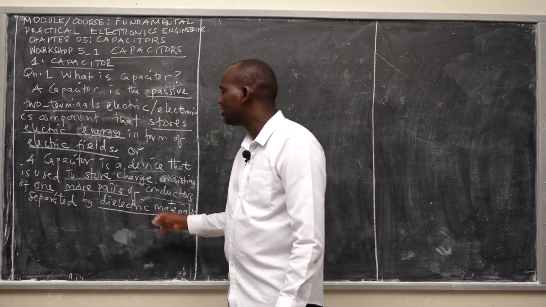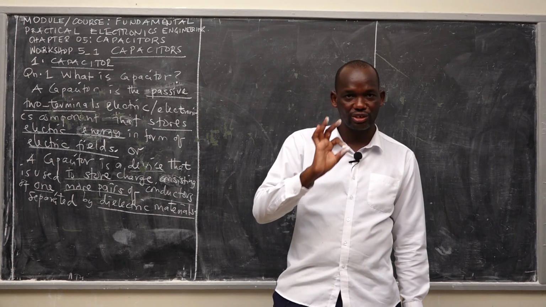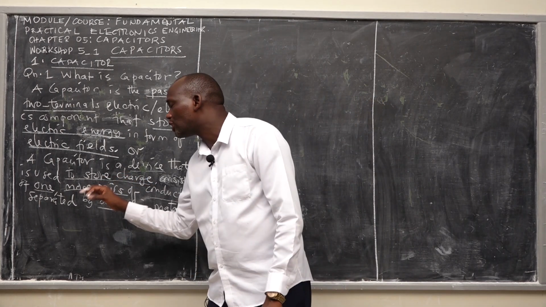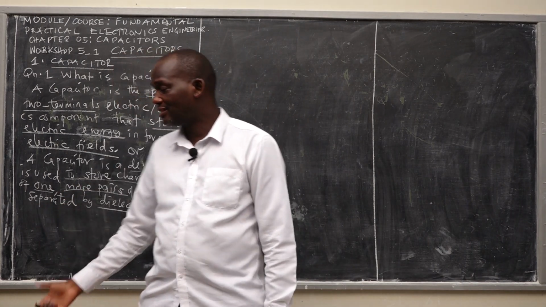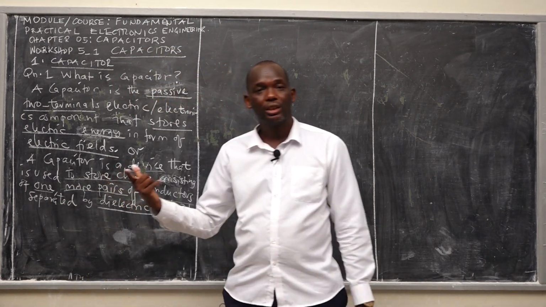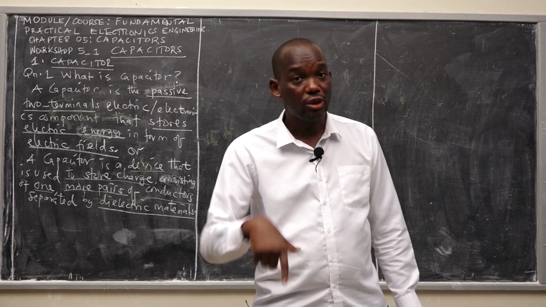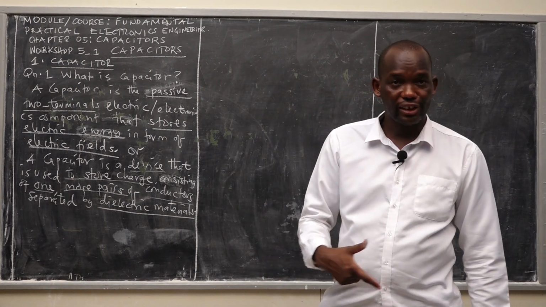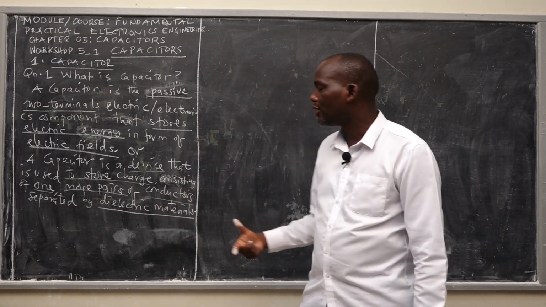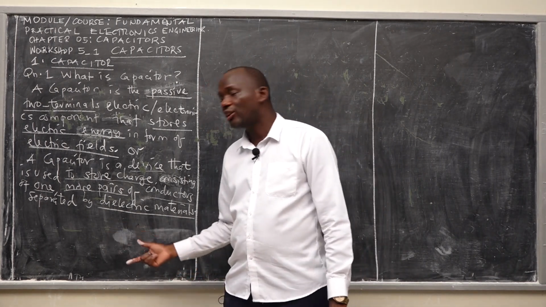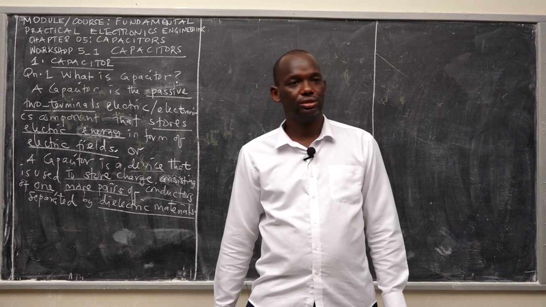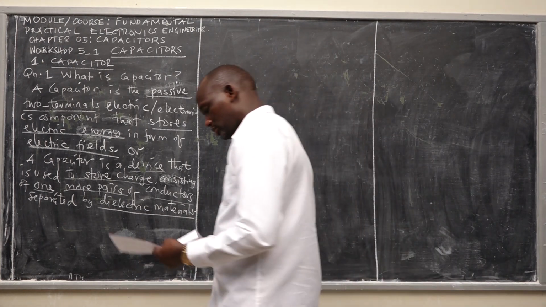With this definition, it's explaining the primary function of the capacitor, but it's also explaining the construction of the capacitor. The capacitor consists of a pair of separated conductors, and in between that pair of separated conductors you can find the dielectric materials. Are we together?